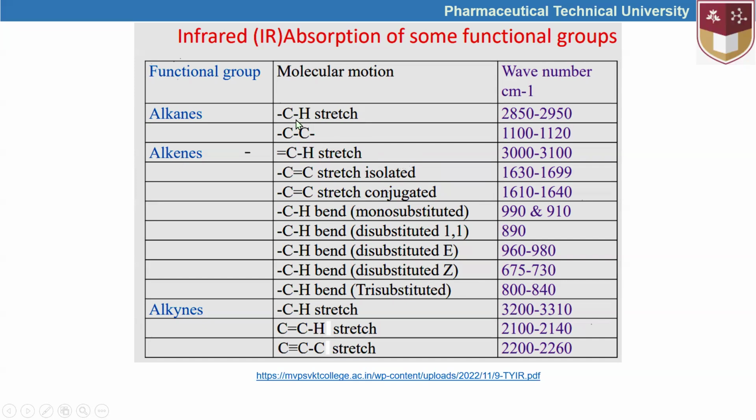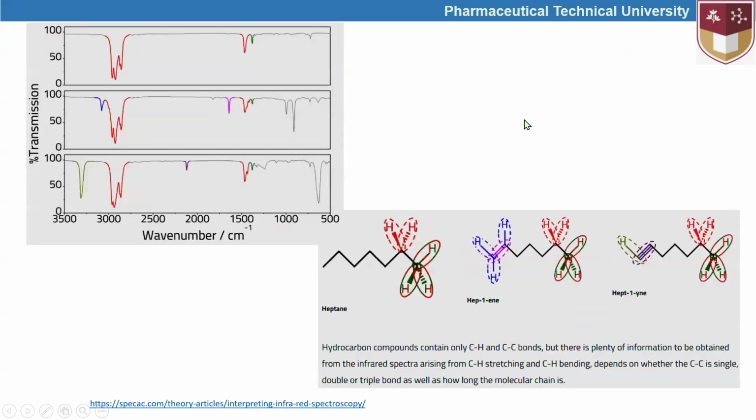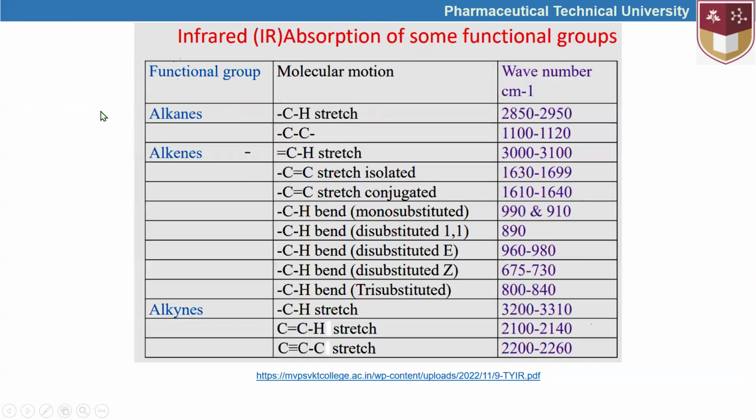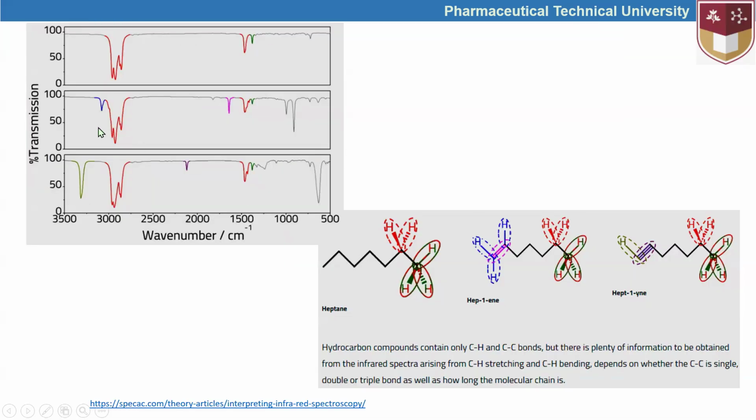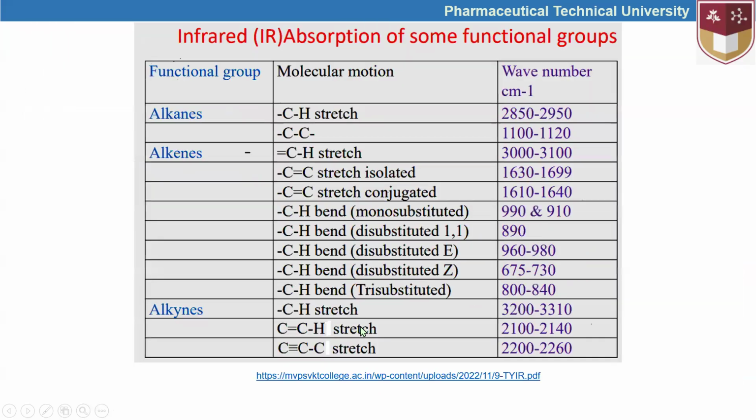And if the CH belongs to alkanes only, it is around 2,850. Let's take a look here. 2,850, 2,850. But if it has a double bond as indicated here, here we can see it has the stretch at around 3,000 to 3,100. You see, so this is a good example to compare our understanding with these results.